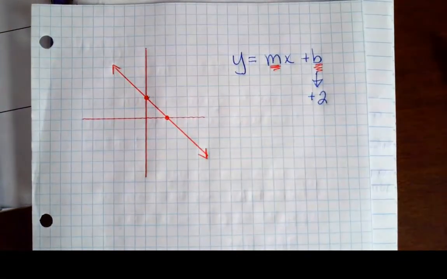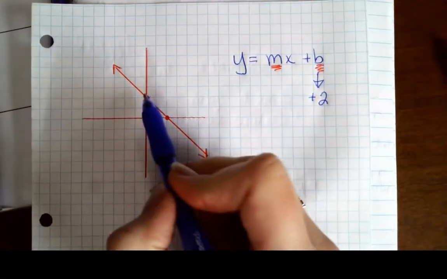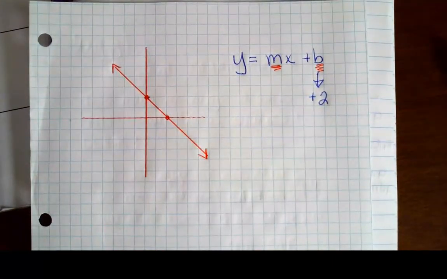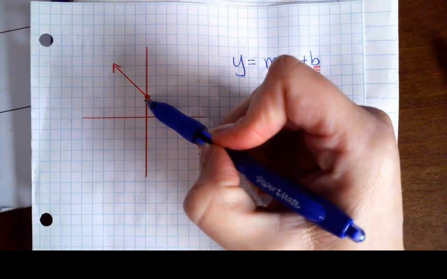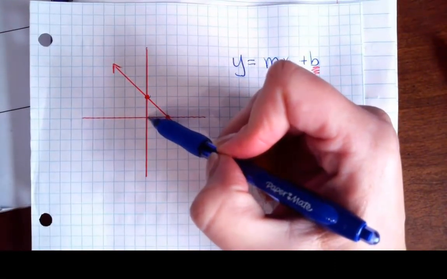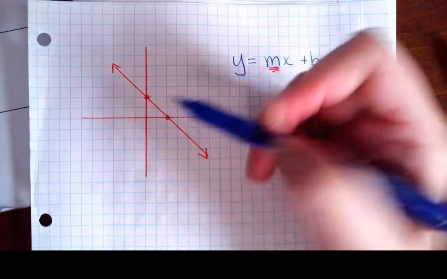The next thing I need to know is I need to identify 2 points that are easily crossing grid marks. So these 2 points are already identified, and I need to find out how to move from one to the other. So I'm going to find out if I should move up or down, and then right. So from here to get to this one, I need to move down 2 units and then right 2 units.